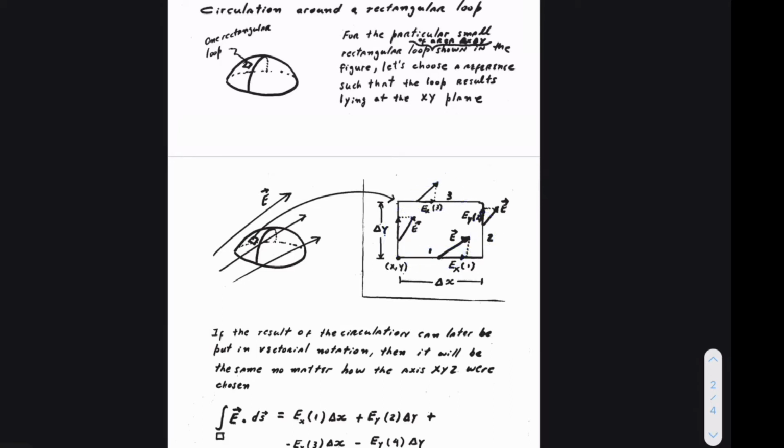So the total circulation around the loop is the sum of the segments 1, 2, 3, and 4. So the line integral of this vector field E in segment 1 will be the component of the vector field E along this line at this point, which we will call E_x1, times the length of the segment, which is delta x.